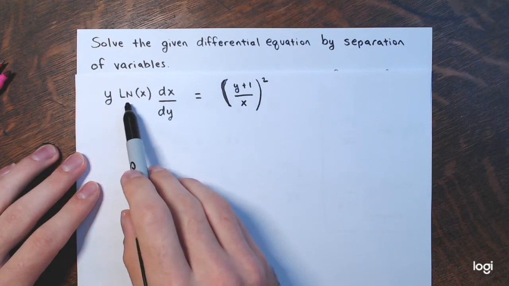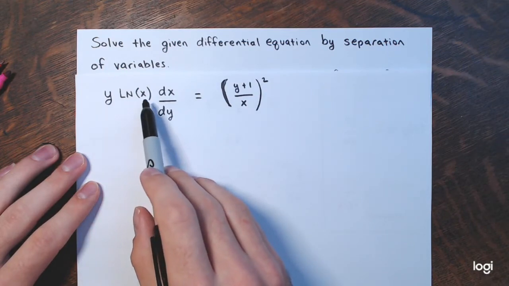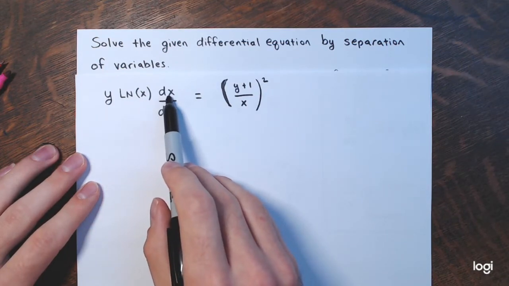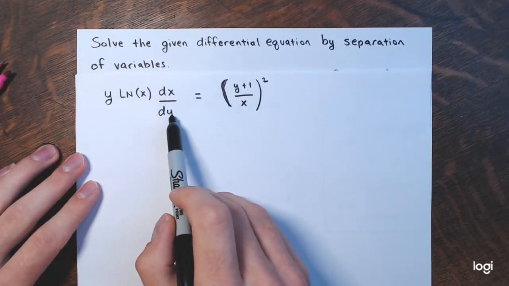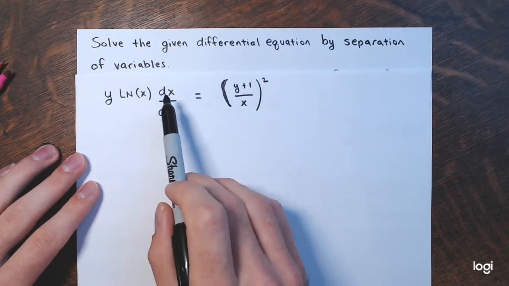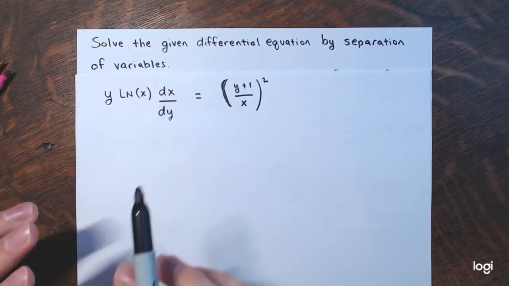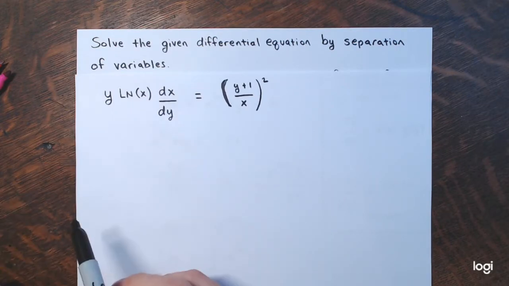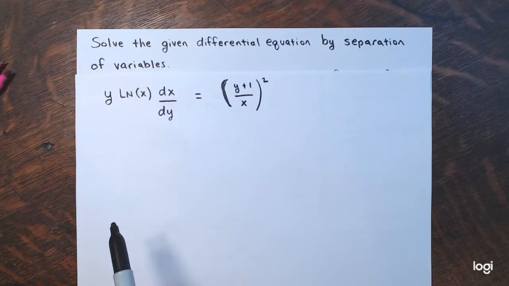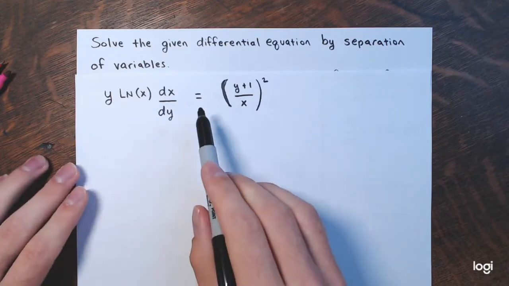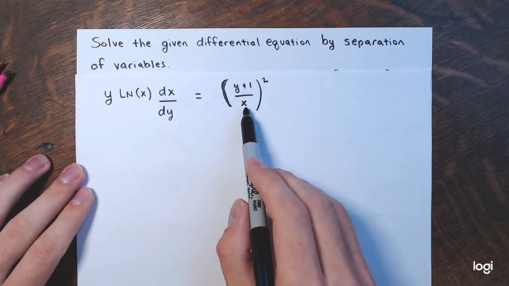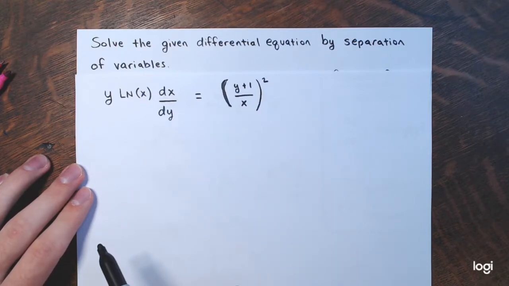So we have y times the natural log of x times, this is the derivative of x with respect to y. Now we could also, again, manipulate this and get it in terms of the derivative of y with respect to x. So I'm going to do that in a second, just to, again, show you that it's separable. Equals, y plus 1 divided by x, that quantity squared.